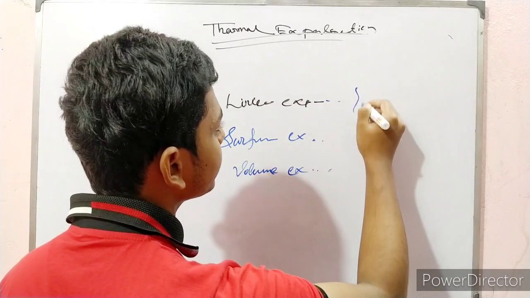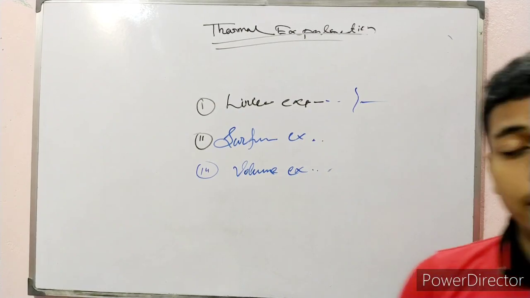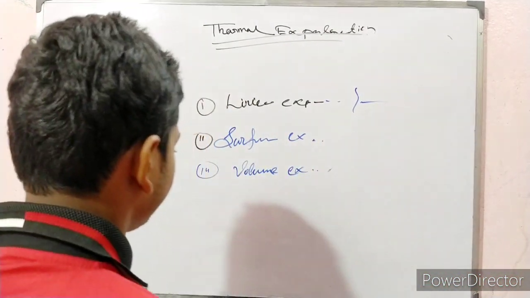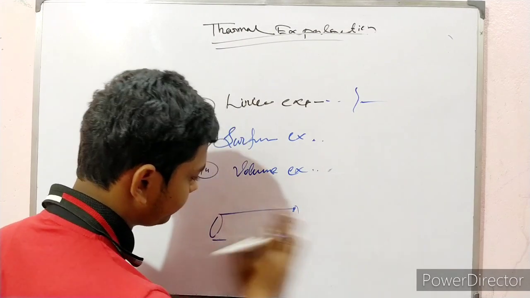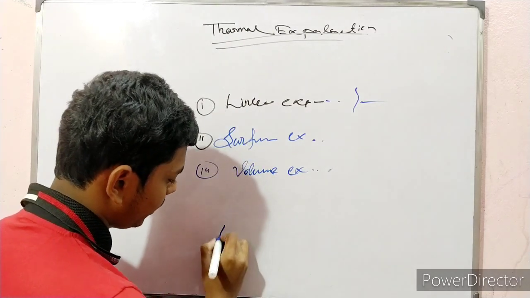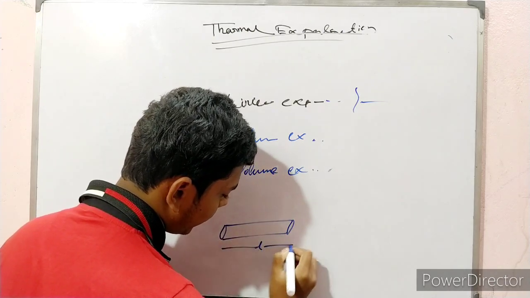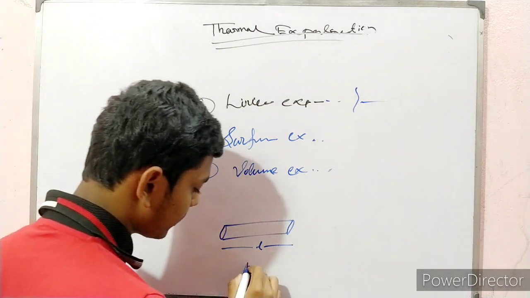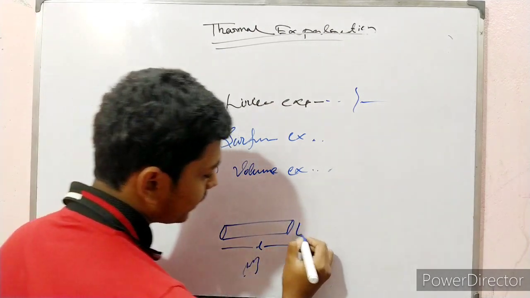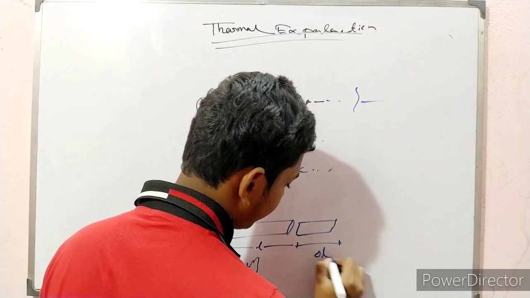So first, let's look at linear expansion. What is linear expansion? If I take a rod of length L and give some heat to it, it changes by delta L, as I already said.